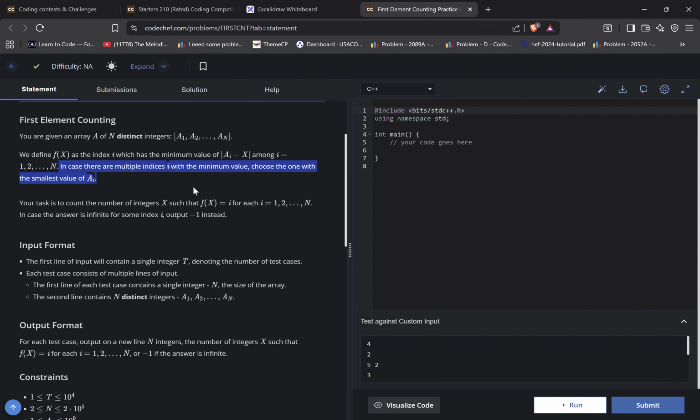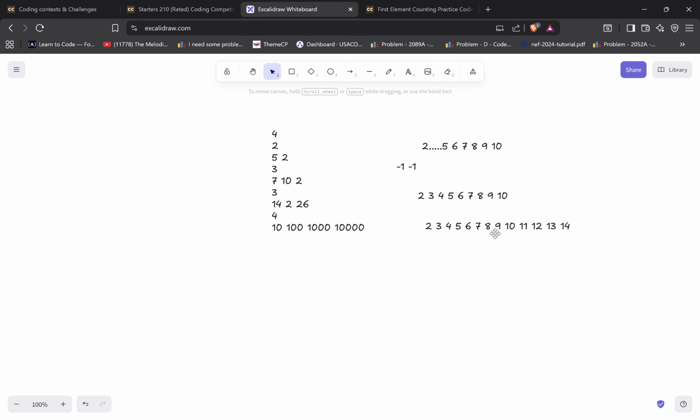And here it was mentioned that if there are multiple indices i with the minimum value, choose the one with the smallest i. So this 8 will choose to go with 2 instead of 14. So that will just be the only change.